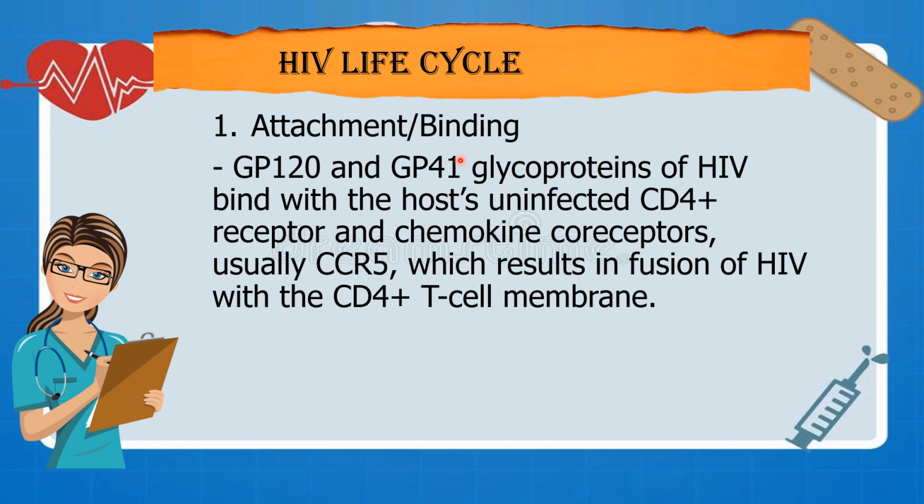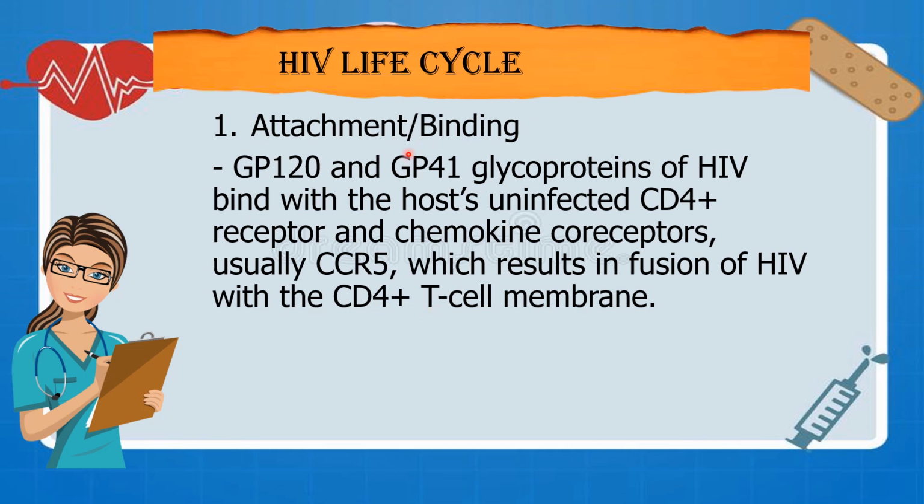During this first step, the GP120 and GP41 glycoproteins of HIV bind with the host's CD4 plus receptor and chemokine co-receptors, usually CCR5, which results in fusion of HIV with the CD4 plus T cell membrane.